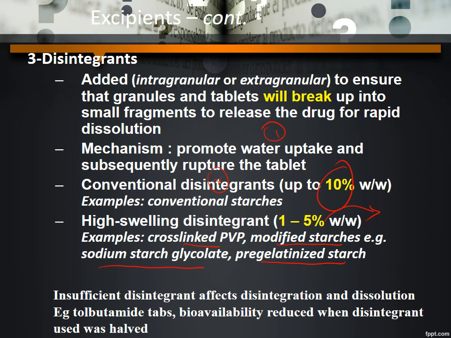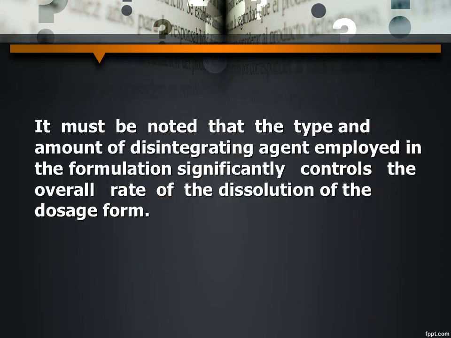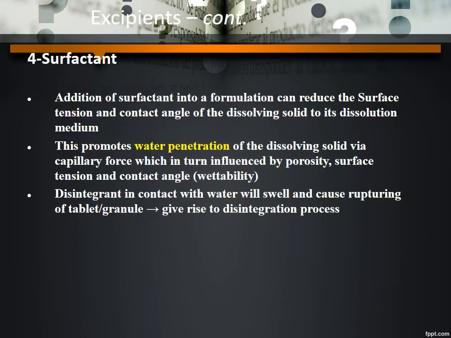For example, with tolbutamide tablets, the bioavailability of tolbutamide was reduced when the disintegrant was halved. Since disintegration is the first process experienced by a tablet when it is consumed orally, it must be noted that the type and amount of disintegrating agents can significantly control the overall rate of dissolution and eventually the bioavailability of a drug dosage form.